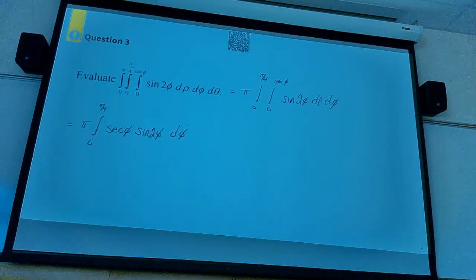Right. So if you integrate just d rho, that's the length of the interval, secant phi minus 0, secant phi. That's how I got it. It was the same thing as with the theta because there's no theta in the integrand. It was just the length of 0 to pi.